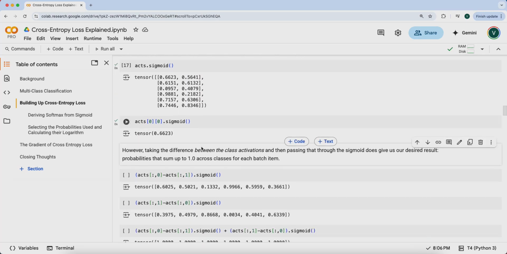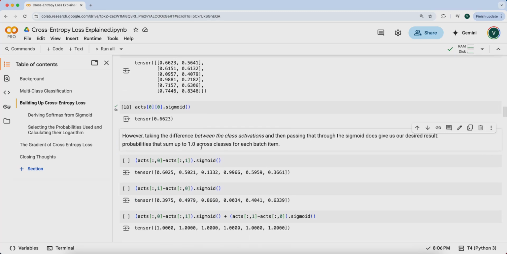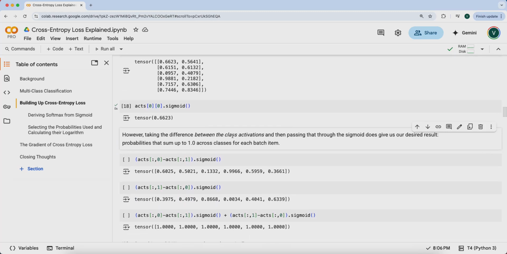So what we find in the book is that taking the difference between the class activations and then passing that through the sigmoid does give our desired result. We end up with probabilities that sum up to 1.0 across the classes for each batch item. So here I'm going to say, here's my class 0 activations minus my class 1 activations, and we do the sigmoid of that.